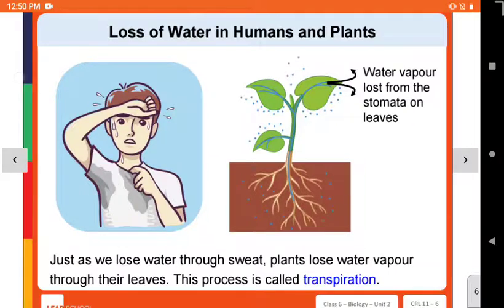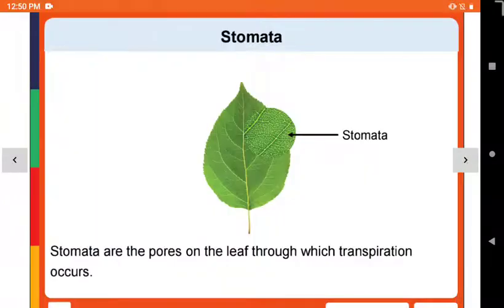Okay. So why is transpiration important for humans? Humans inhale oxygen and exhale carbon dioxide. The balance of the ecosystem runs its natural process, and transpiration is responsible for keeping this universal process. Okay. Next, stomata. Stomata are the pores on the leaf through which transpiration occurs.